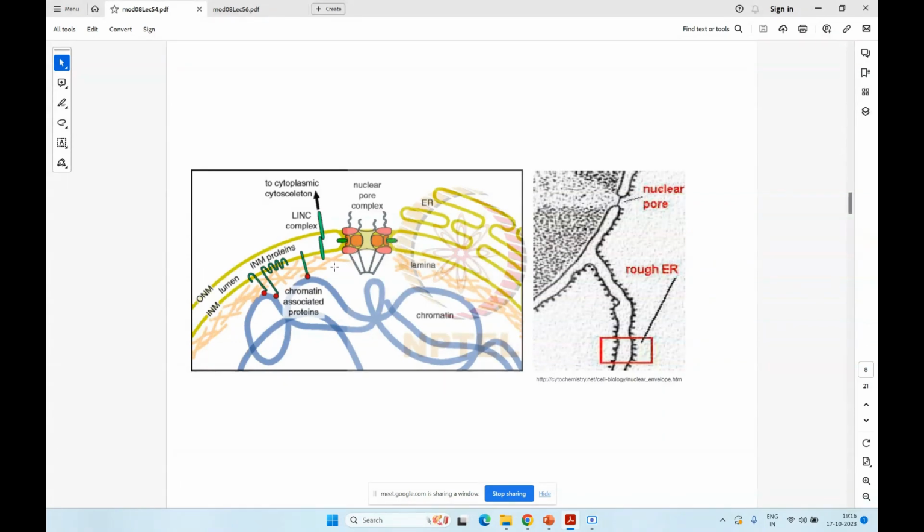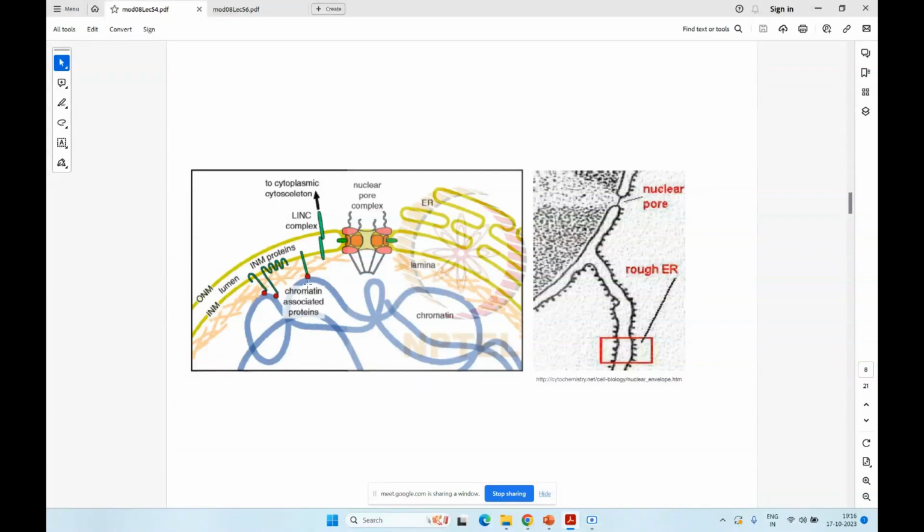And there are many reviews which show what the components are, and you can look at it if you want. There are other proteins that are also associated with the nuclear membrane, and I don't think you need to know all of this.